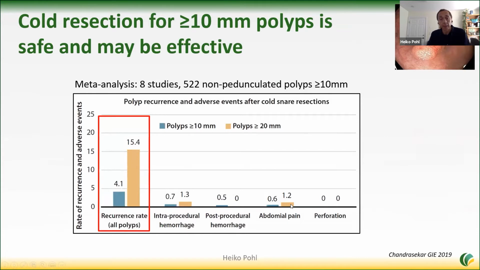Some abdominal pain and some intra-procedure bleeding that typically can be easily controlled with clips. And also, surprisingly, the recurrence rate is not that high. For those that are 10 to 19 millimeters, it's only 4%. For those that are 20 millimeters or larger, it compares to what Cesare has published with his colleagues in the meta-analysis in Gut a few years ago on EMR and ESD.